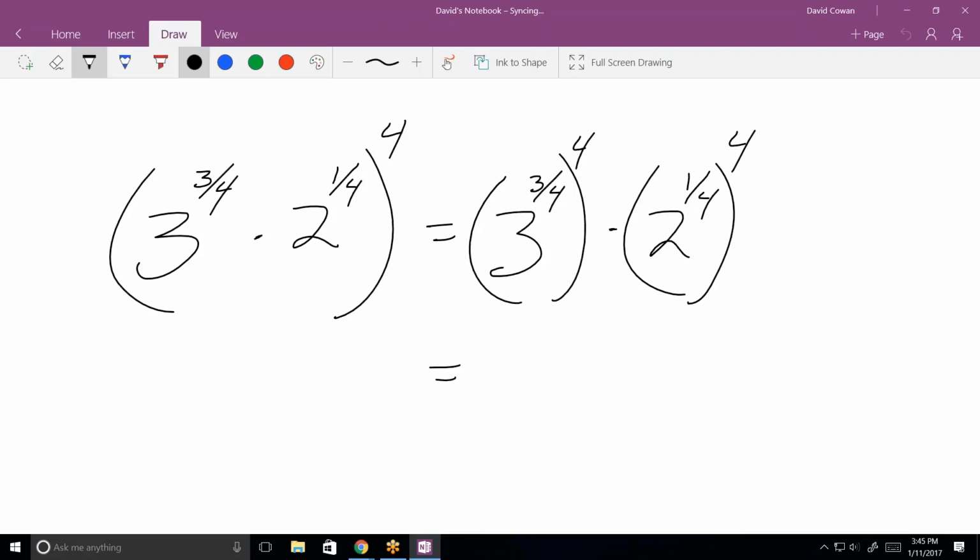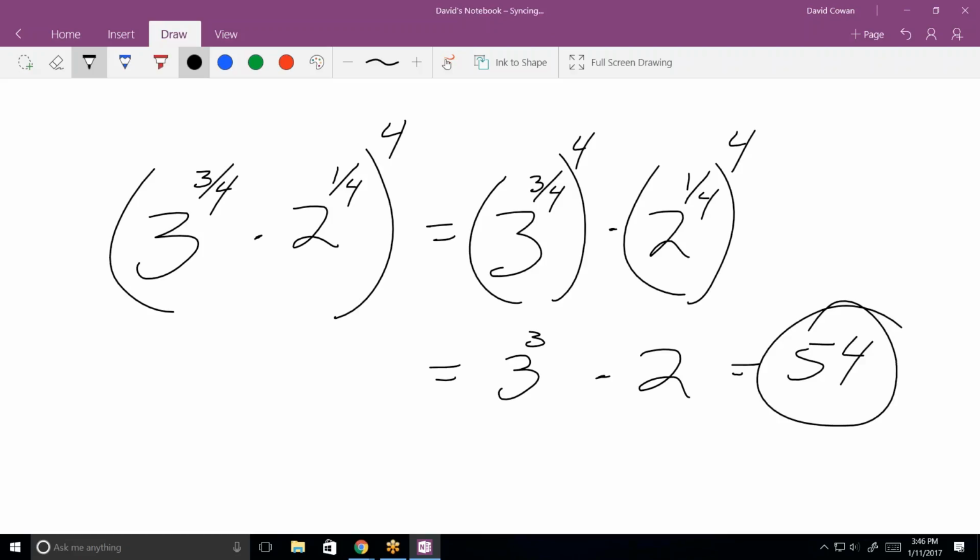What is 3 to the 3/4 to the 4th power? Multiply by the 4, so that becomes 12 over 4. It's 3, so it's just cubed. So that's 27. Times what? 2. So we get a nice round number doing it the correct way.